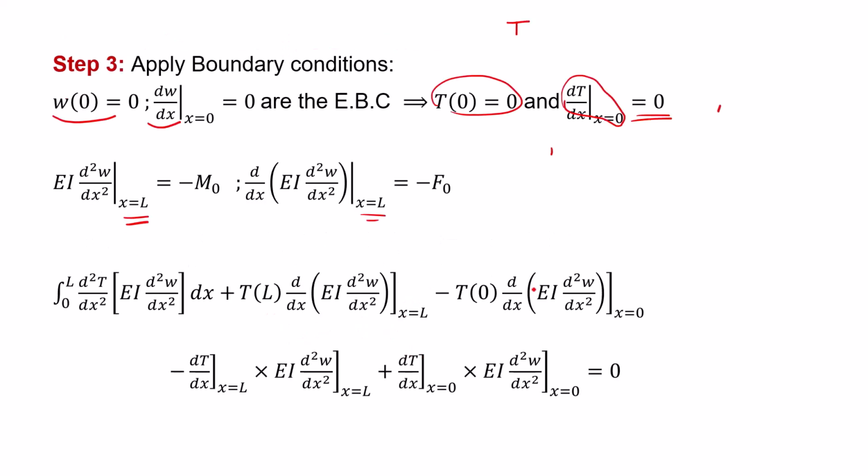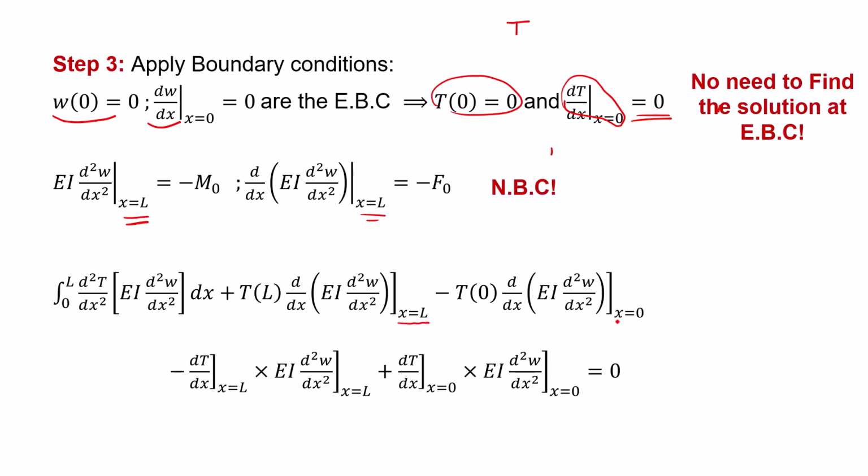And if you come here, you see that we are going to have these terms at x equal to L minus the same thing at x equal to 0, and again for the second NBC at x equal to L minus the term at x equal to 0.